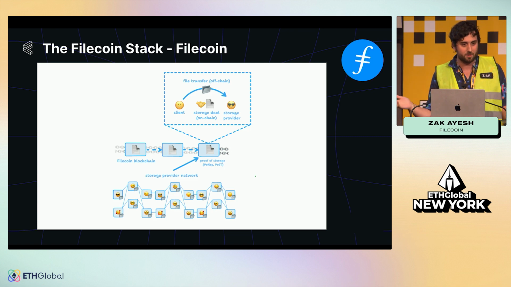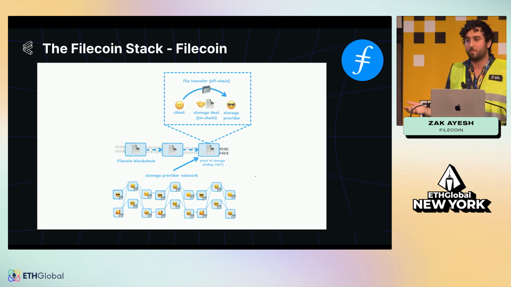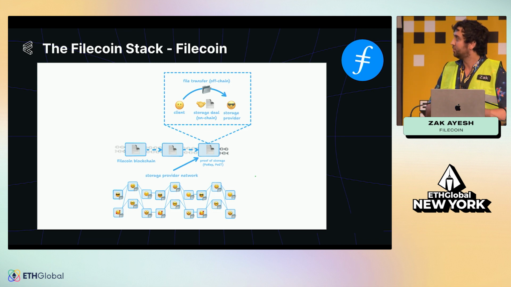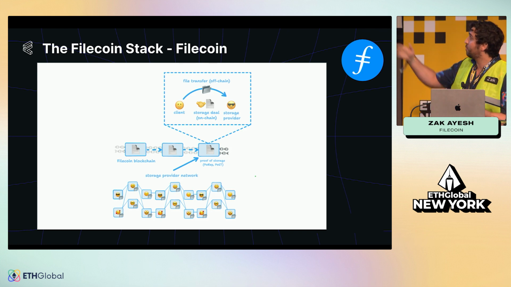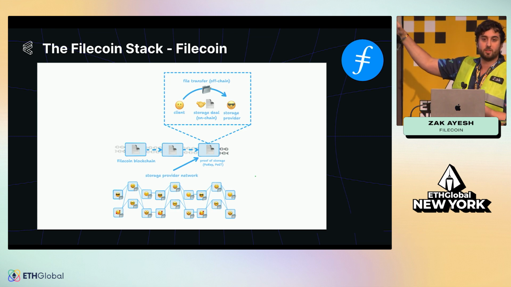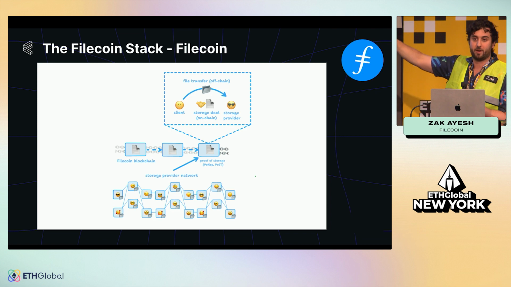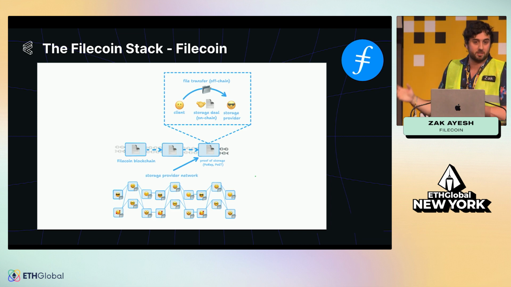But anyone can become one of these storage providers. You just need SSDs to provide storage. They put some FIL as collateral to become a validator, and they run the Filecoin blockchain. This logical thing that is the Filecoin blockchain runs on all of these storage providers, right? And they have to come to consensus on blocks, like any other blockchain, right?